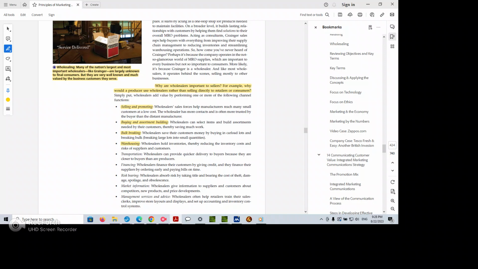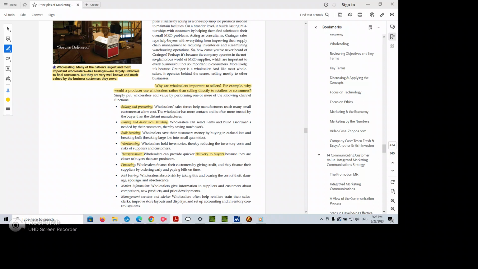They also provide warehousing, which means warehouses hold inventories, thereby reducing the inventory costs and risks of suppliers and customers. Transportation, obviously, is to transport goods, or deliver goods to buyers.